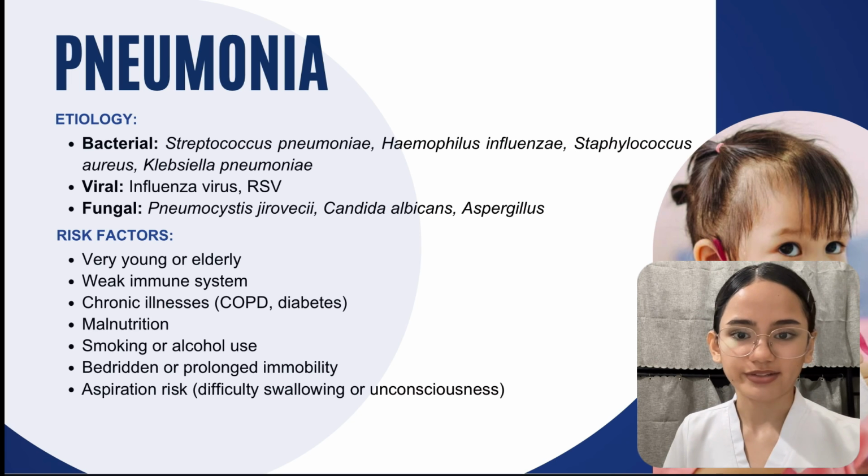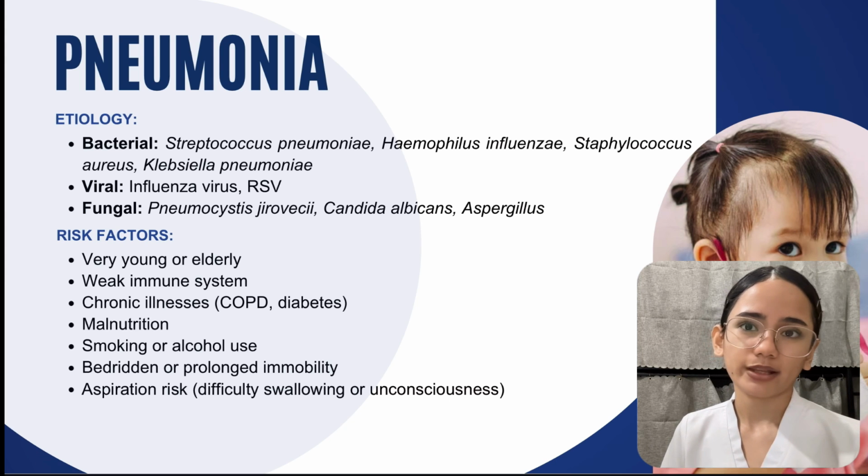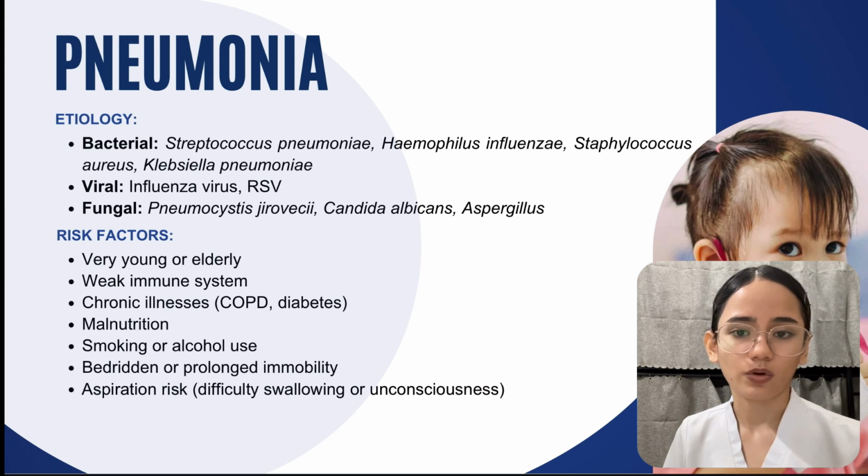For the risk factors, pneumonia is more likely to occur in the very young and elderly due to their weaker immunity. People with HIV, cancer, or on immunosuppressants are also at risk. And then those with chronic illnesses like COPD or diabetes have reduced lung function and slower healing, which makes them more susceptible to the infection.